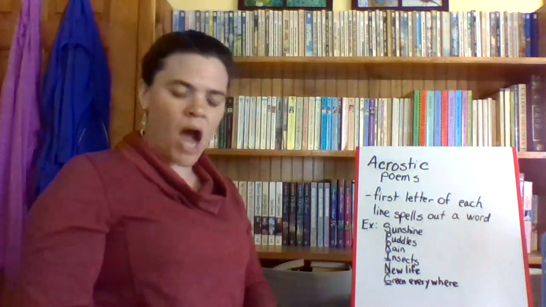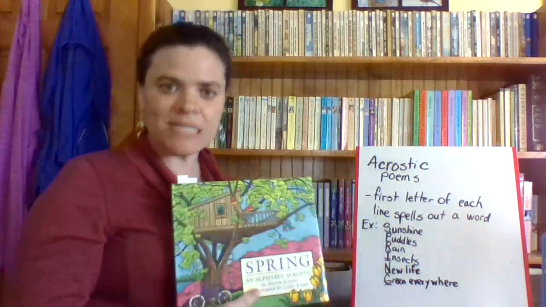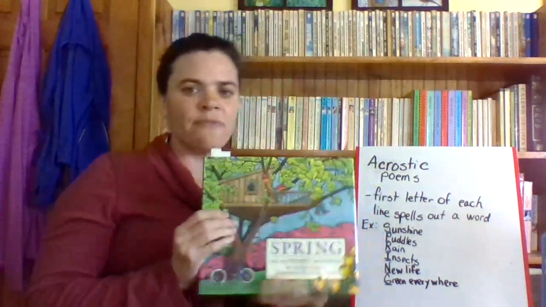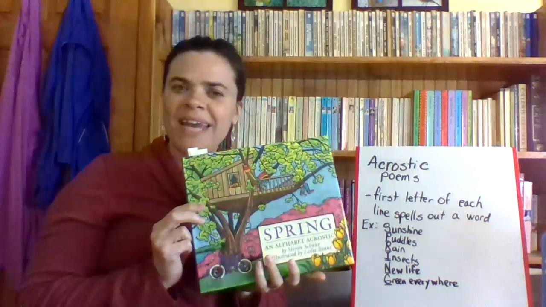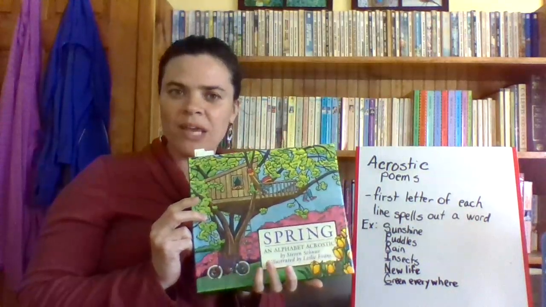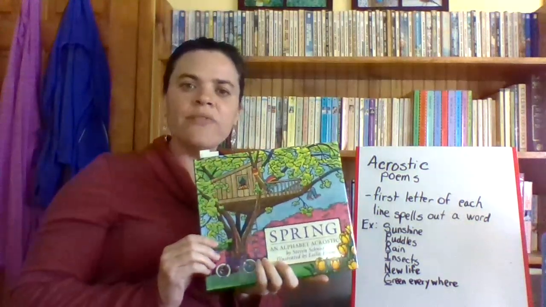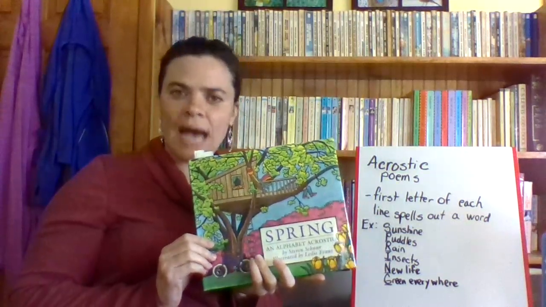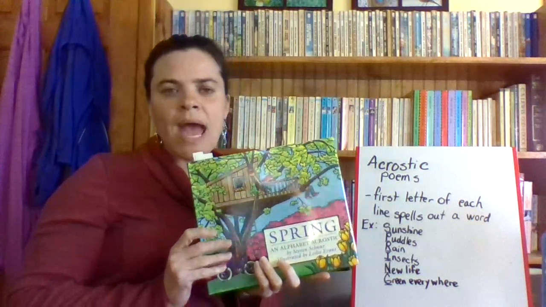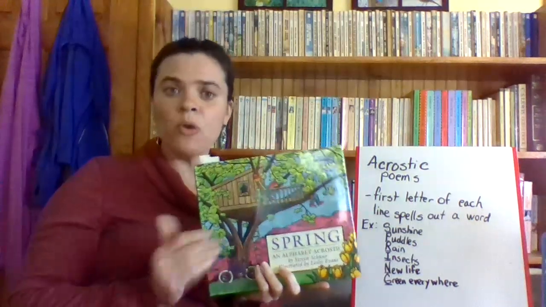I have a book. I actually have one for each season, but I'm just going to share some from this alphabet book about spring, and what the author has actually done is every letter of the alphabet, they chose a topic that had to do with spring, and they wrote an acrostic poem with that word.